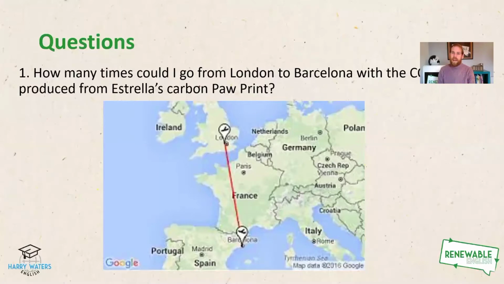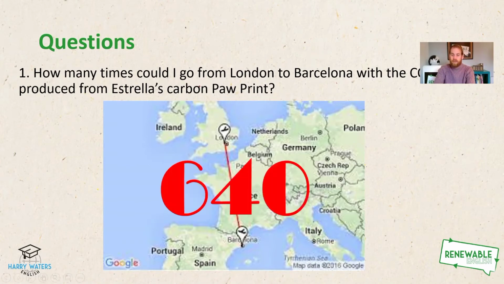I think we're ready for some answers. So let's check it out. Number 1, how many times could I go from London to Barcelona? Ready? The answer? A whopping 640 times.